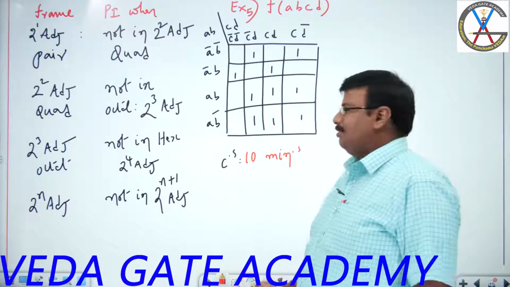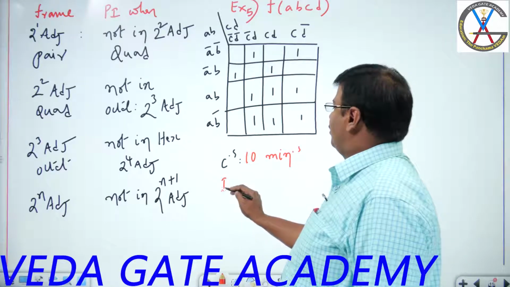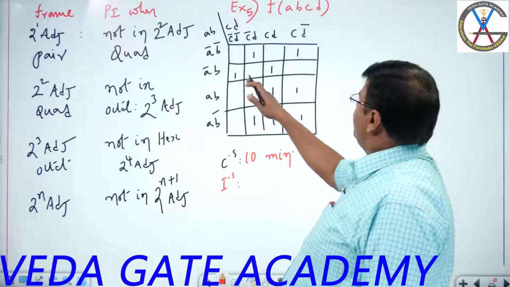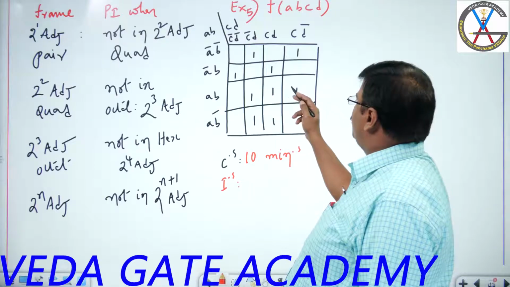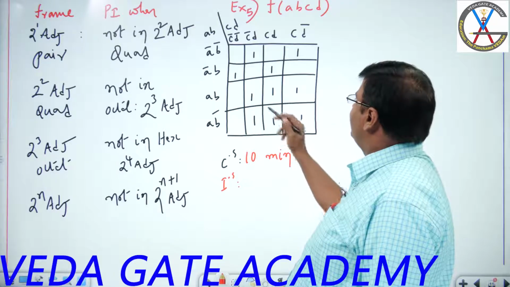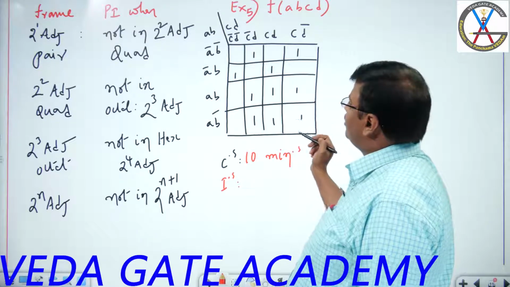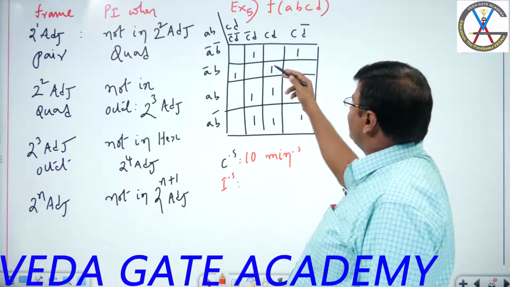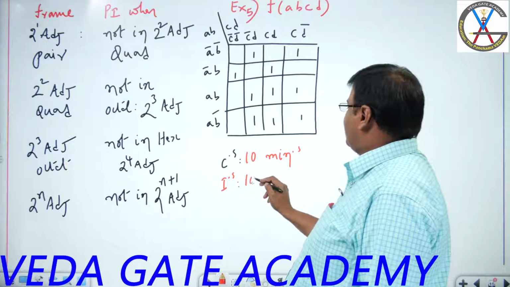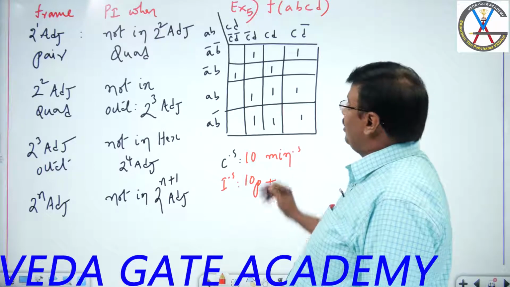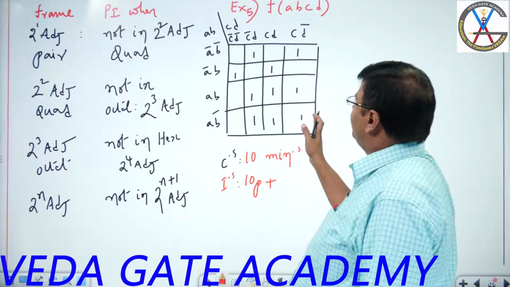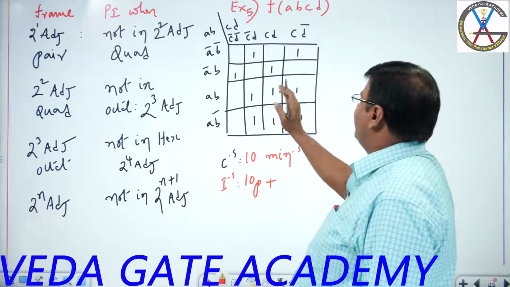How many are the implicants? 1, 2, 3, 4 pairs, 5, 6, 7, 8, 9, 10. I hope 10 pairs. I repeat once again, 1, 2, 3, 4, 5, 6, 7, 8, 9, 10.